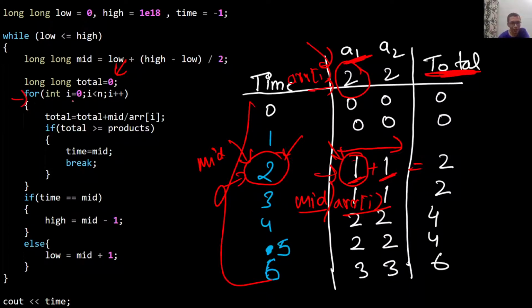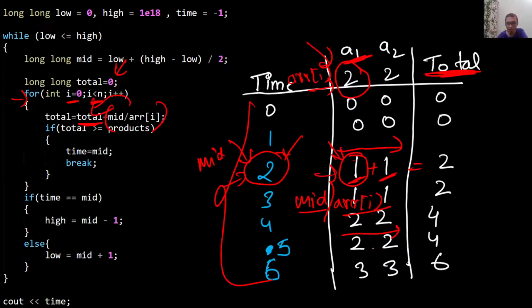So over here, I'll use a loop which starts from 0 till the very last element of this array. I'll start from here till here, right? And to add to the total, simply divide mid with ARR of I and add this to the total.